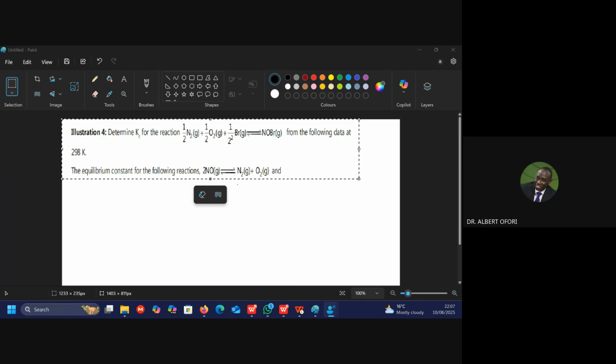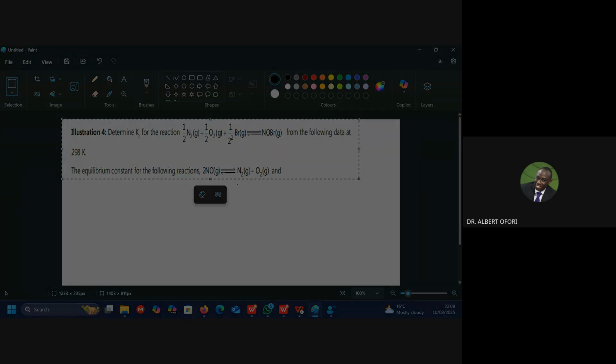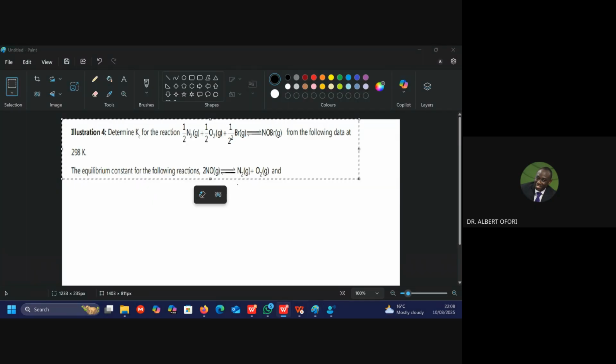I'm trying to find the complete question which has the values, so that we deal with the entire values.